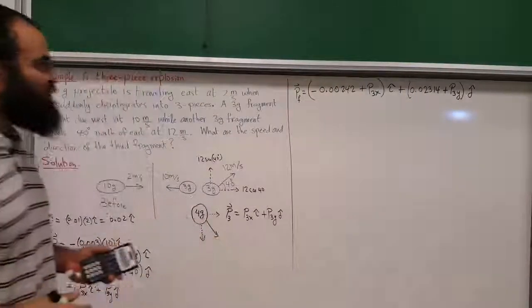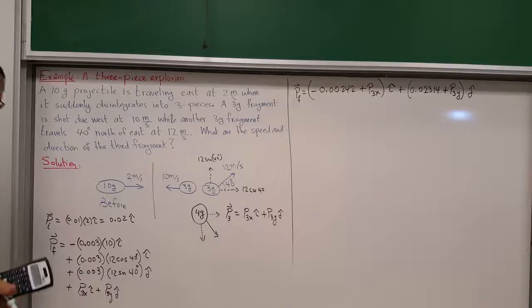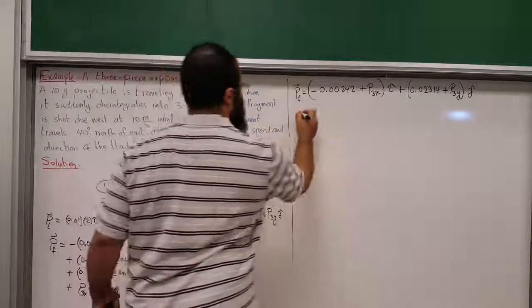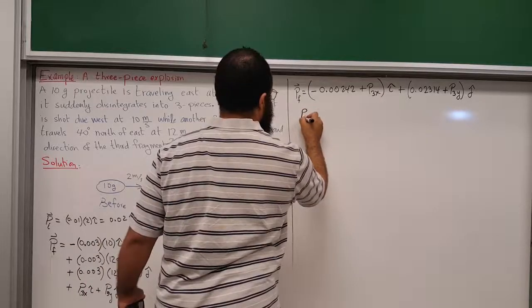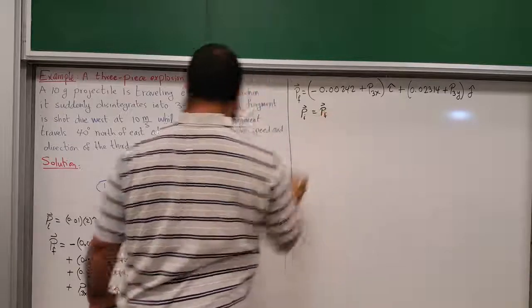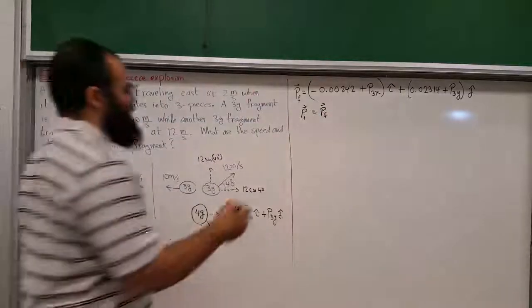And now we're going to set the momentum at the end equal to the momentum at the beginning and see what it gives us. So you get P initial equals P final. P initial is just 0.02 i hat.